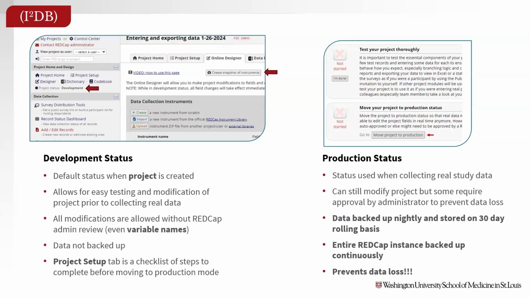The only thing that we see and approve is anything that could cause problems to data that's been collected. So if you're deleting fields that have data, that comes to us just to confirm, like, are you sure you want to do this? Because a lot of times those things can happen in error. Maybe you can hide the field instead of completely deleting it or something like that.